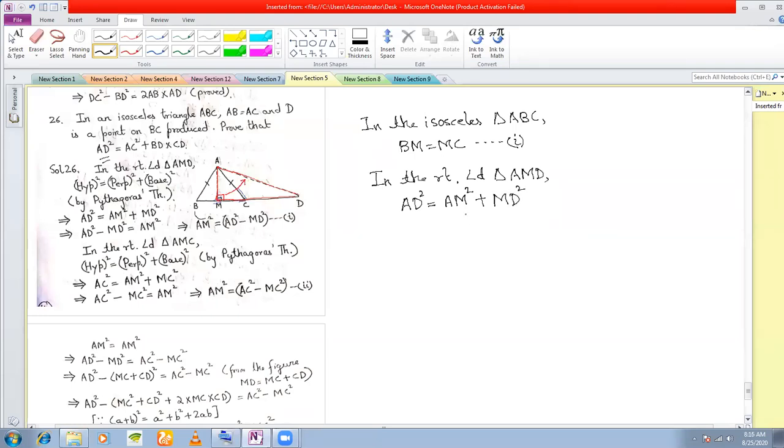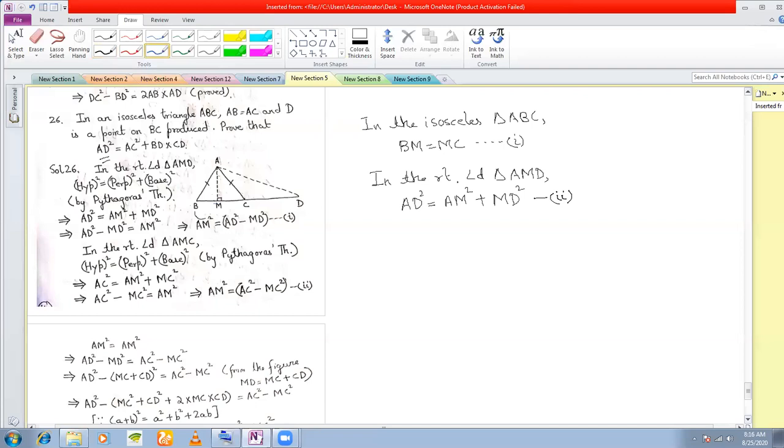Okay, so I've got this. Now I'll write the smaller right angle triangle. I'll consider this right angle triangle now. Let us call this 2.